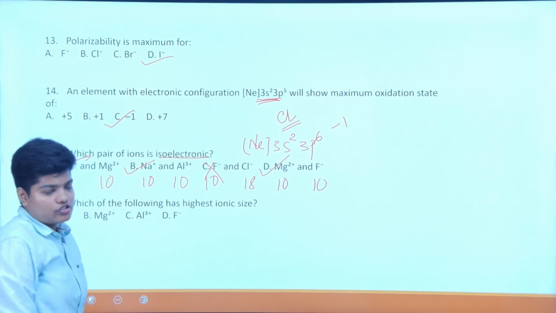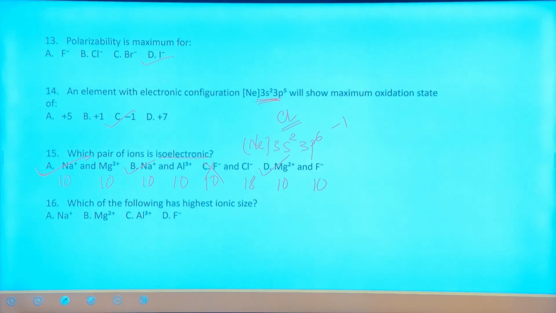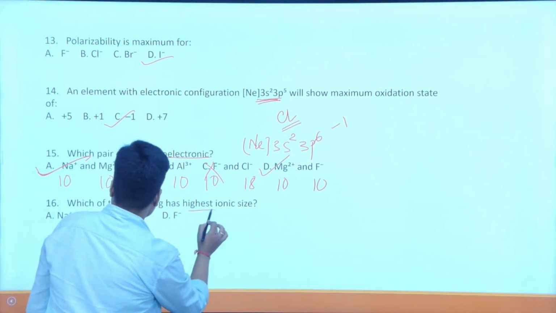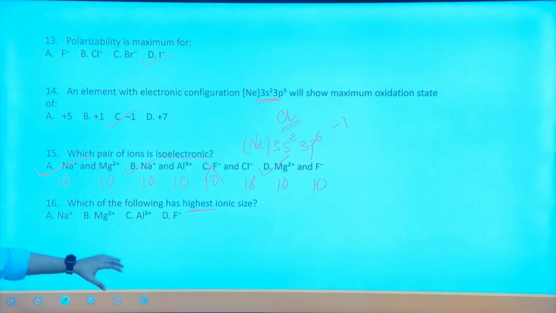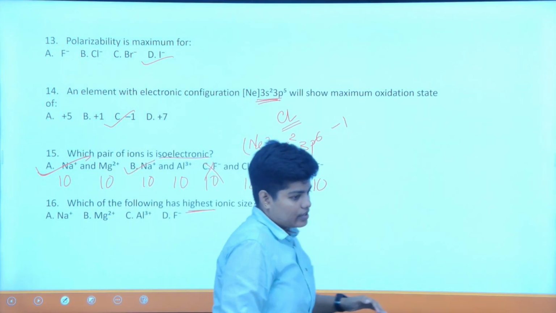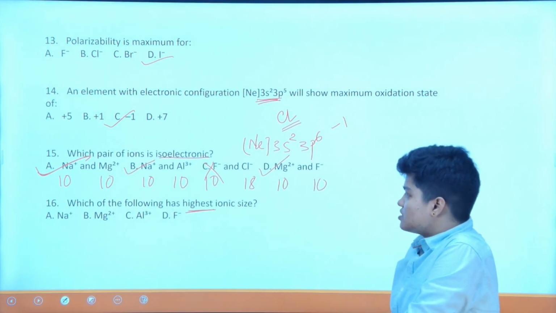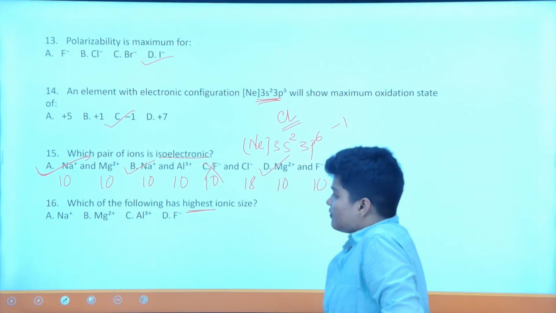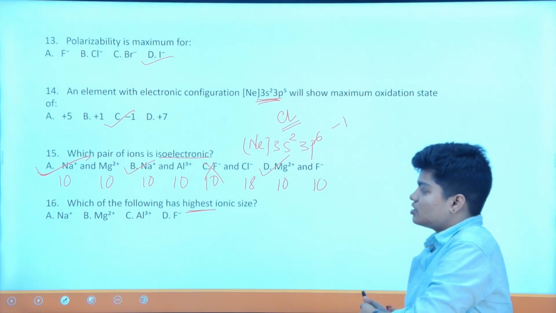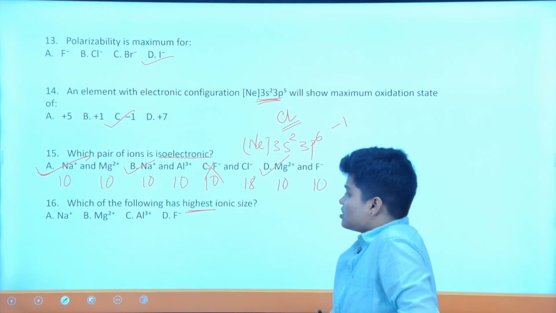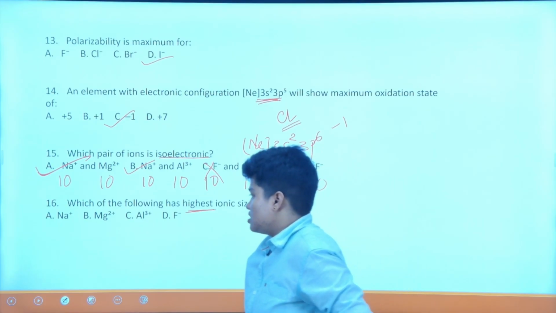Okay, multiple choice question. Which of the following has the highest ionic size? Remember, highest ionic size. The general trend for atomic radius, we know, decreases along the period, but in the case of ions, whether cation or anion, the ionic size will be according to their charge.